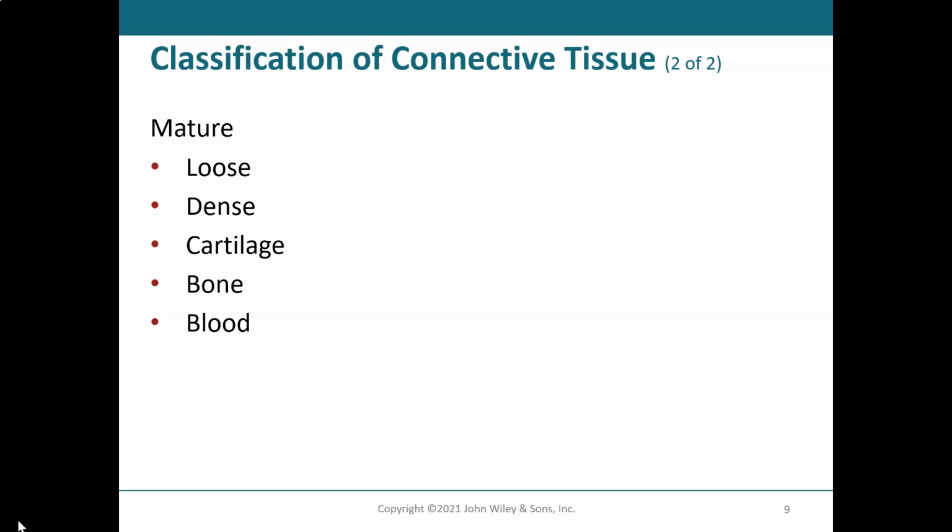Bone, also known as osseous tissue, consists of a matrix containing mineral salts and collagenous fibers and cells called osteocytes. Bone is classified as either compact or spongy, depending on how the matrix and the cells are organized.